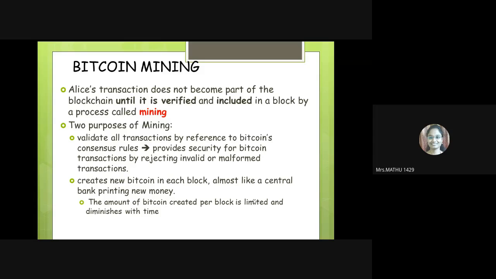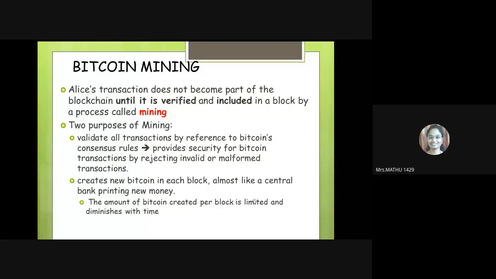The purpose is, since we don't have any central authority to monitor our transactions, the transactions have to be validated by something. So we need some methodology.